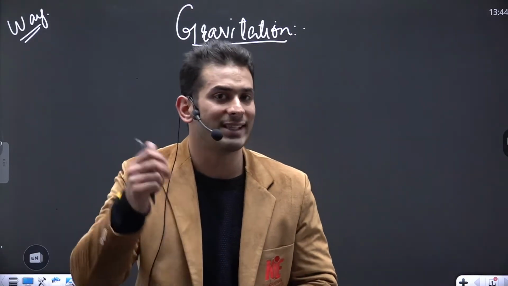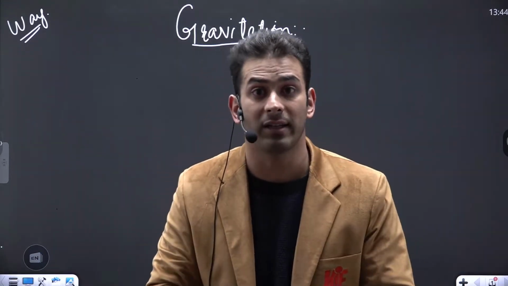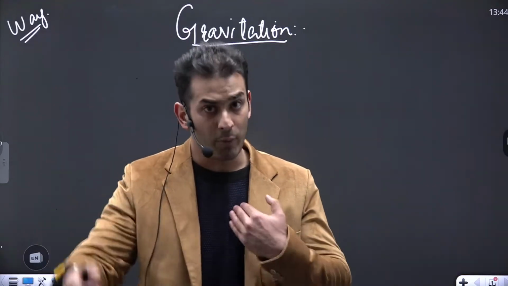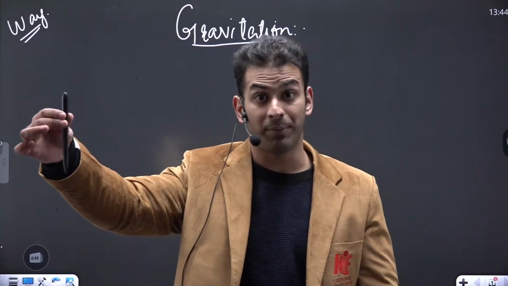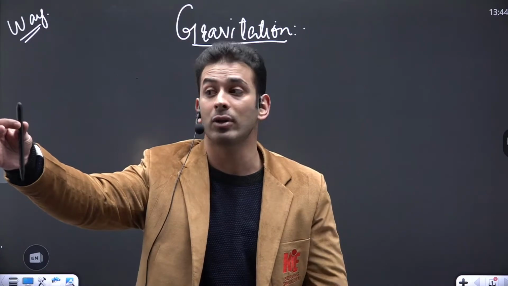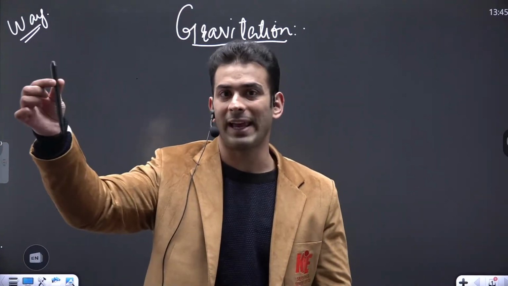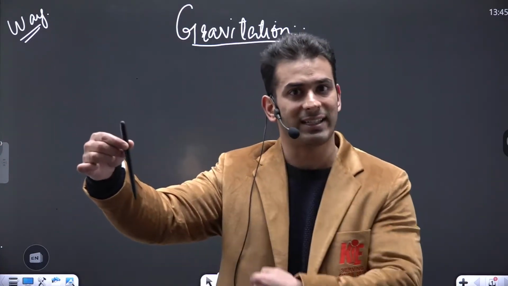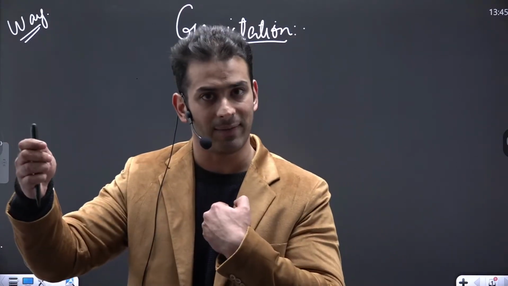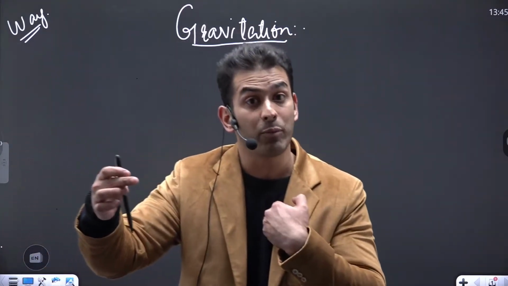Why, beta? You will say because of gravitation. Right, beta? Why? I'm also mass. I put some force on it. I try to attract it towards me, or this pen tries to attract me towards itself. It's not going towards myself, nor am I going towards this pen.